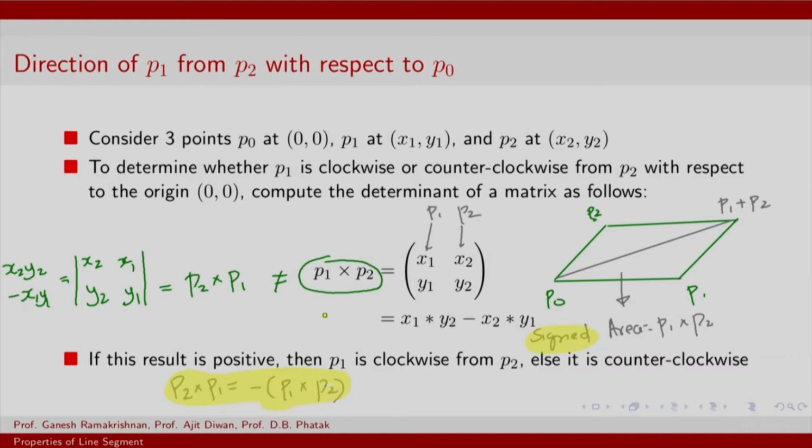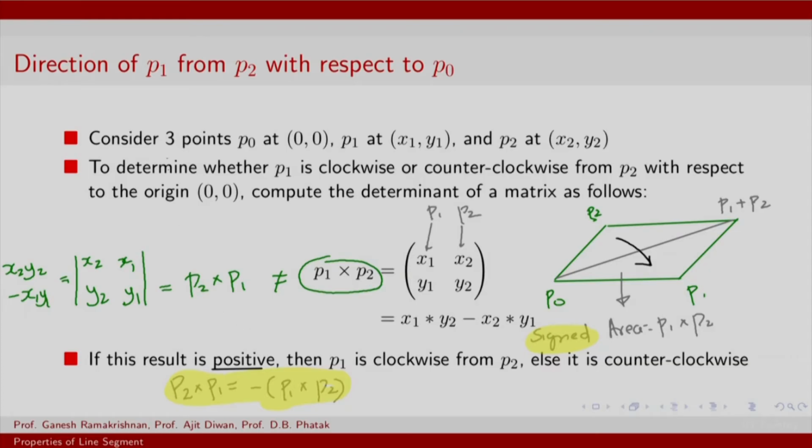Now what does this sign actually denote? Well, it turns out that if P1 is clockwise from P2, which is the case here, then this signed area, or the determinant P1 cross P2, is positive.